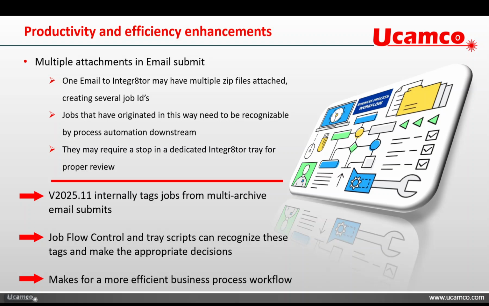So you will have your job for zip A, zip B, and zip C. Now, that's all very well, but a number of the parameters that have gone along with this submit through the email may be different for zip A compared to zip B or zip C. And that is why it is important, particularly for people who do automation afterwards, that at the end of the analysis they are still able to say, okay, this entry in my job queue came from a multi-zip email submit.